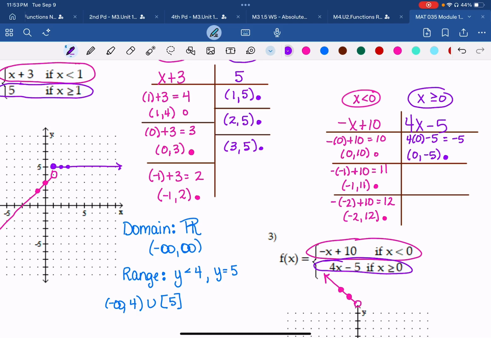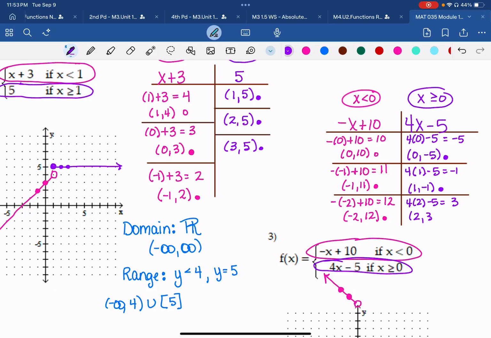I want numbers that are bigger than 0, so let's try 1. So then I get 4 minus 5, which is negative 1. So I've got 1, negative 1 as my ordered pair. And we'll try 2. So 4 times 2 is 8, and 8 minus 5 is going to leave me with 3.